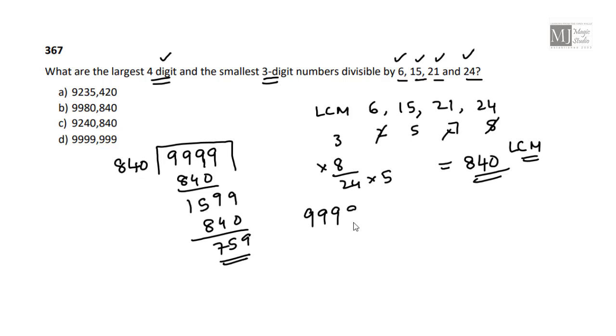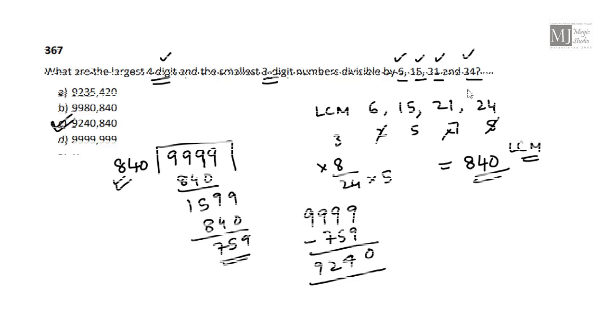So remainder would be 759. So my largest 4-digit number would be 9999 minus 759, that is 9240. 9240 is a multiple of 840, which is the largest 4-digit number, and 840 is the smallest 3-digit number.